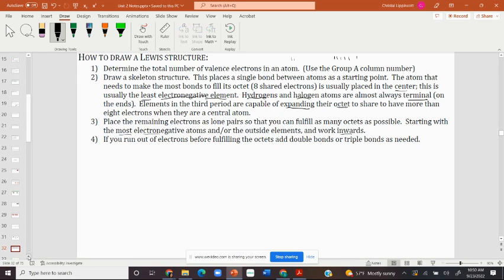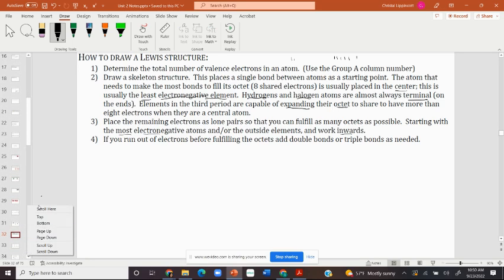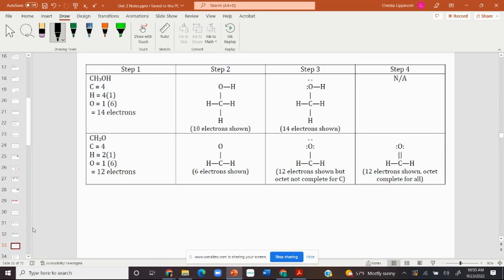And honestly, you are just going to have to do a bunch of these. This will not come naturally to you until you've done some. So you're going to have to practice, practice, practice. And then all of a sudden it'll click, and you'll be like, oh, this wasn't that bad.